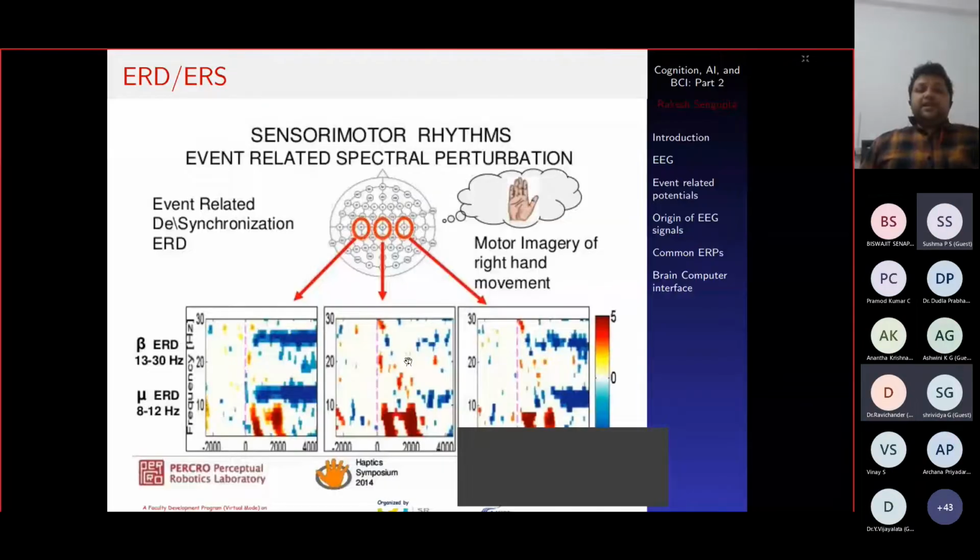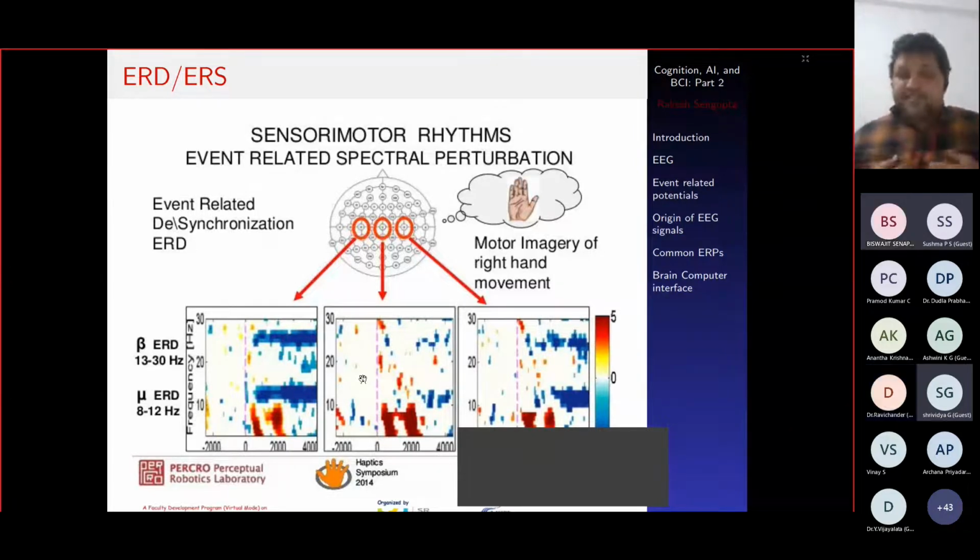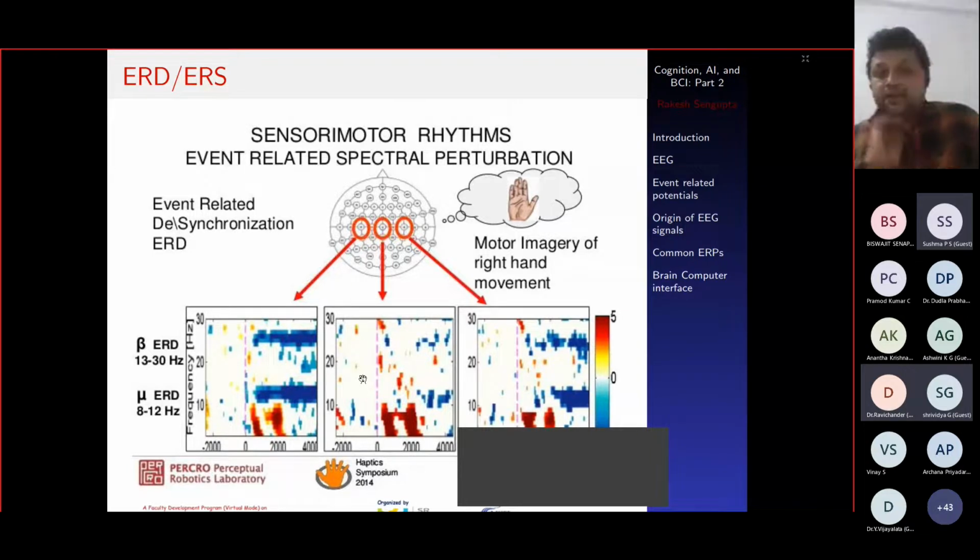So this one I was talking about. Again, I said that Dr. Ravichandar will explain in more detail in another lecture, so I did not want to talk about it too much. But what happens is that whenever you think of moving a limb, either your hand or leg, when you start thinking about it, your alpha power decreases.